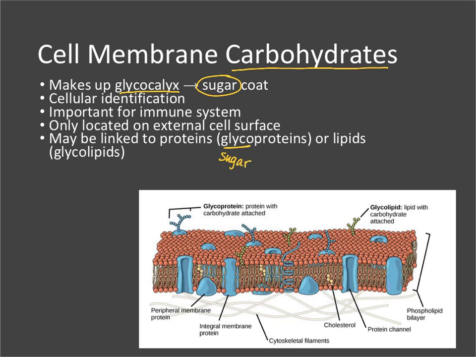But you might have some molecules that have sugars attached to proteins or sugars attached to lipids, which are the fats. Remember, glyco means sugar, but the lipids mean fat, and the glycoproteins are a sugar that are connected to a protein. And altogether, they make up this glycocalyx.